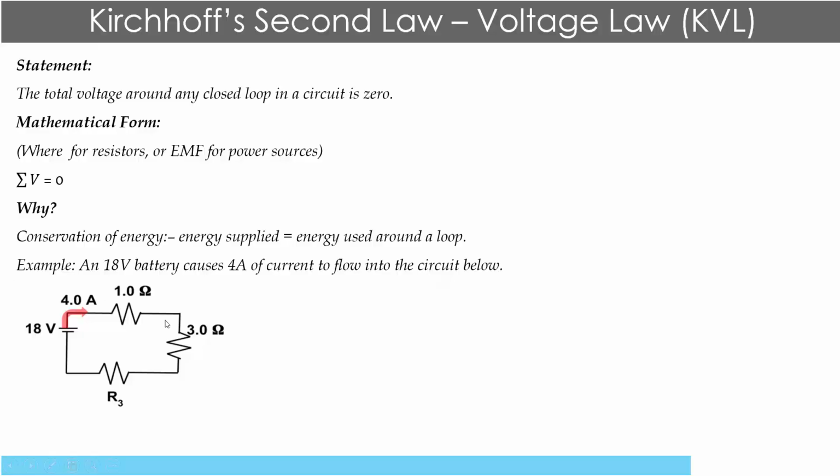You can see that according to the question, we have an 18-volt battery, and then we have a 4-amp current flowing across 3 resistors, 1 ohm, 3 ohms, and then R3. So the question is that we want to find the value of R3 using Kirchhoff's voltage law or loop law.